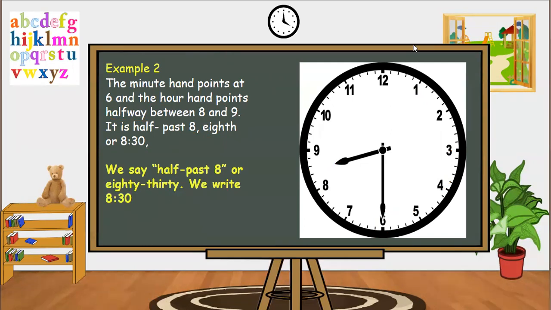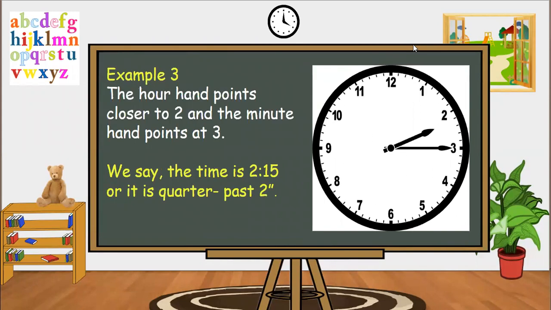So let's go to the next one. How about this one, grade 1? Example number 3. The hour hand points closer to 2 and the minute hand points at 3. So the hour hand points at 2 and the long hand points at 3.